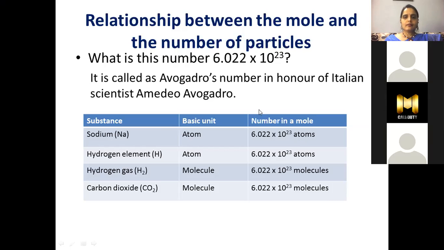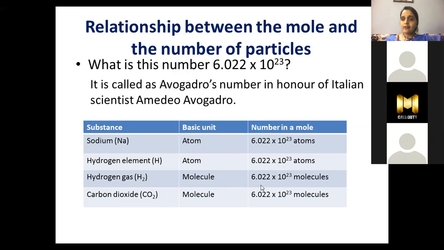So if I say that I have 1 mole of sodium, what does that imply? It implies that we have 6.022 into 10 raised to 23 atoms of sodium. Please pay close attention to this because you need to understand it. If we have an element, then 1 mole of that element implies 6.022 into 10 raised to 23 atoms.